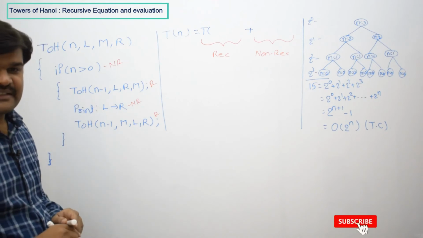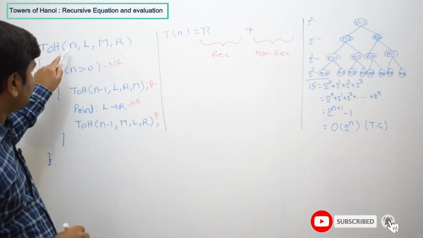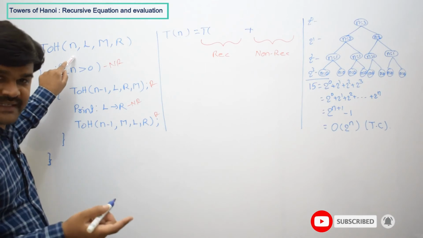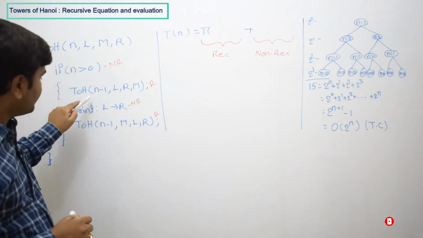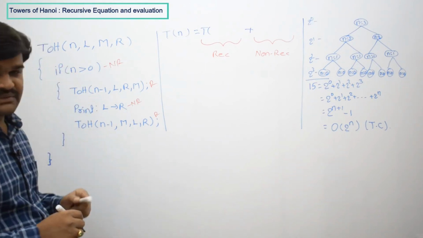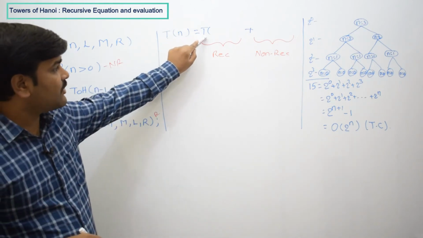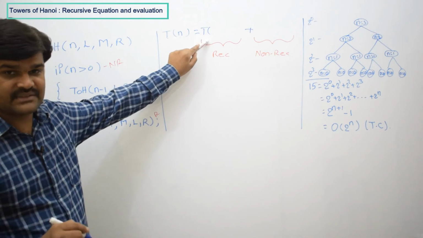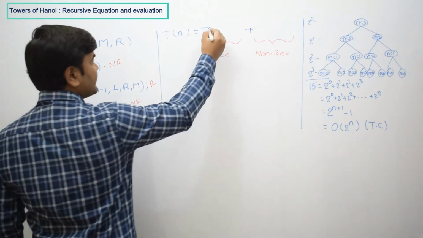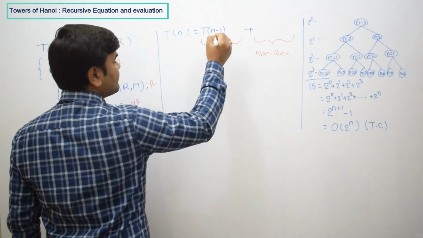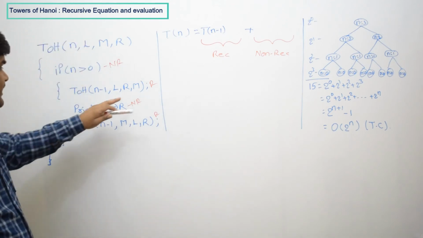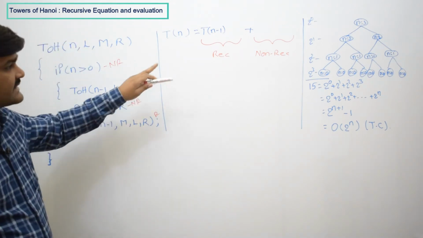How we find the time complexity for N, in the same way we find it for N minus 1. So that is why here we are passing the input as N minus 1. So one recursive statement is completed.